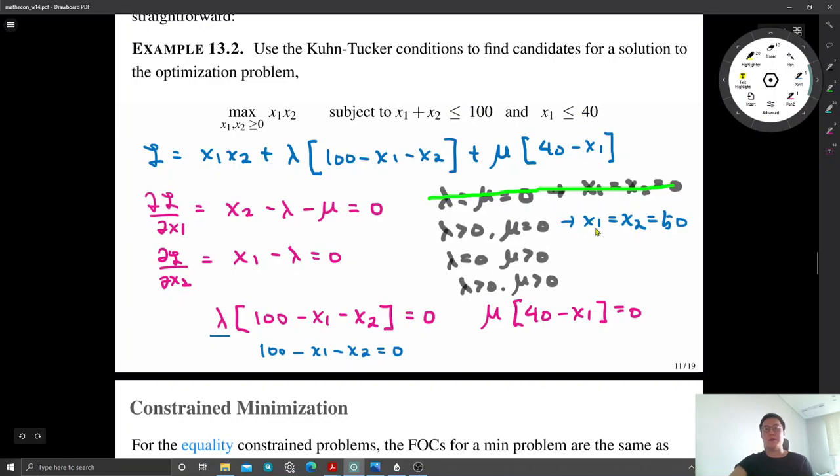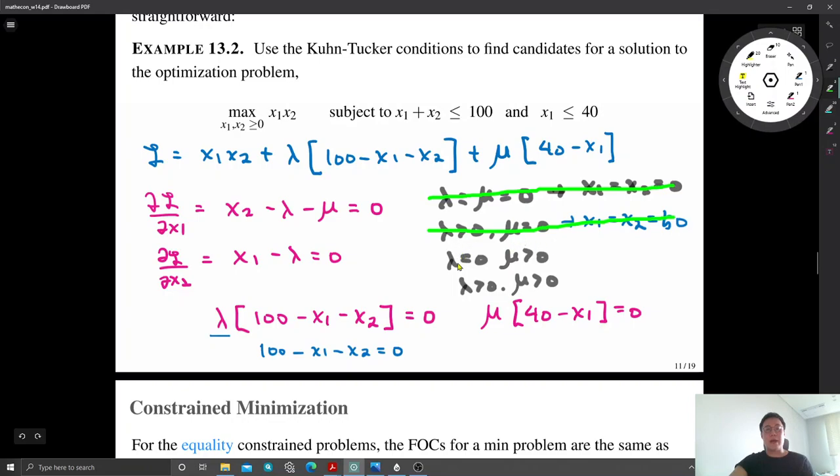If we set x1 equal to 50, that clearly violates the constraint x1 smaller than or equal to 30. So we rule out the second case as well. We cannot find an appropriate candidate for a solution in this case.